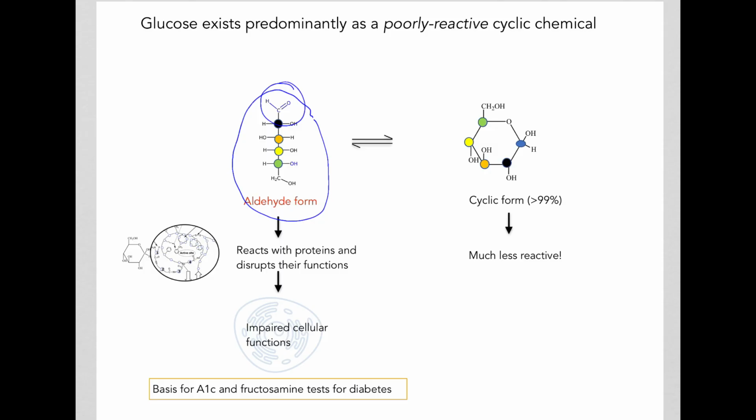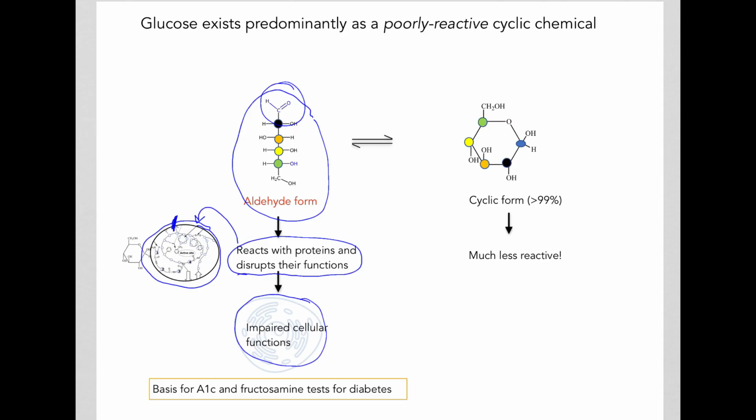Now, the aldehyde form reacts with amines, and as we now know that proteins do most of the things for cells, this aldehyde form of glucose can react with any protein where the amine is exposed, and it can then form all kinds of chemical products that eventually will impair the protein function.